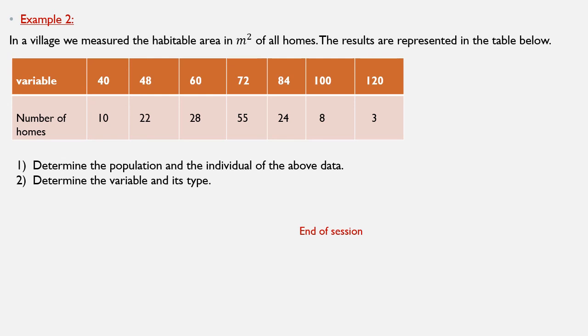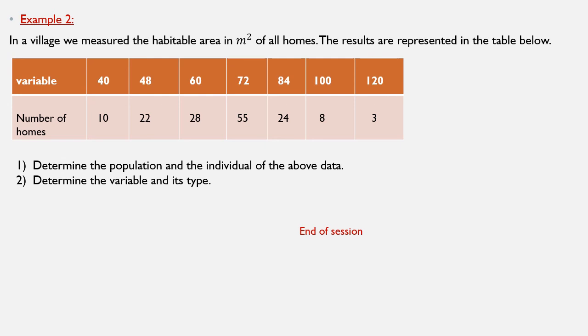The population is the set from which I have collected my information. So here in this example, I have collected my information from the homes of a village. So the population is the homes of a village. The individual is one home.